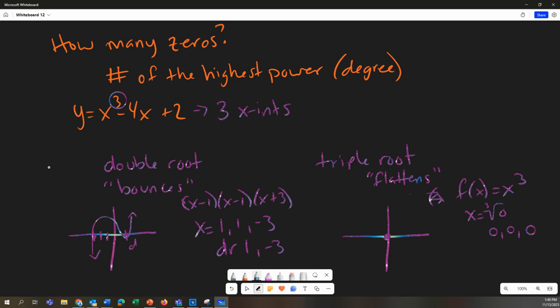We have a positive x to the third, so I'd start down, end up, which means I'm going to come up and I'm going to flatten a little bit and then keep going. Okay, so also, if I have multiple roots, I might go through them, and then maybe I flatten here and then keep going. Okay, so that's a triple root. So that's kind of how your shapes work and your end behaviors work for graphing polynomials.